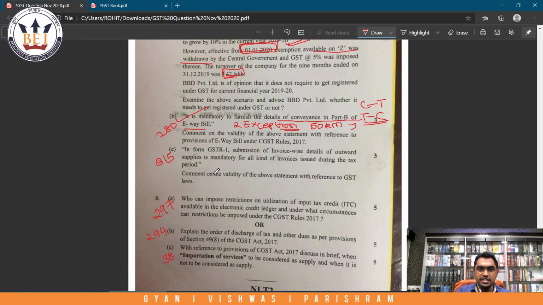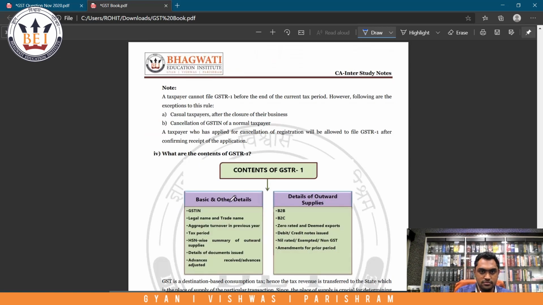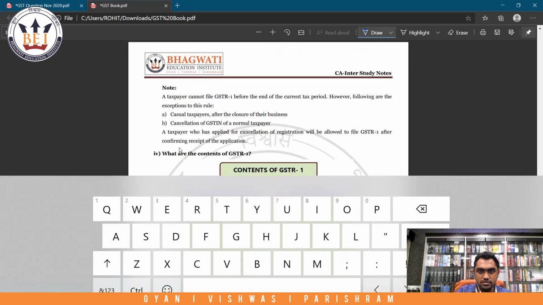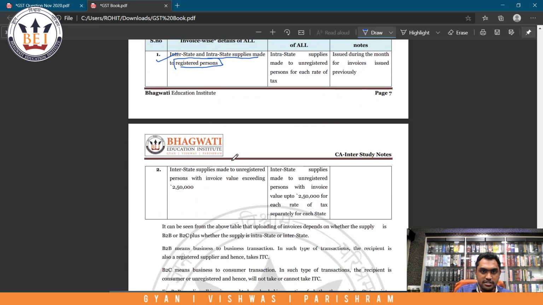Okay. In GSTR-1, submission of invoice-wise details of outward supply is mandatory for all kind of invoices issued. Again, this statement is not correct. If you remember this table, invoice-wise details is required for interstate and intrastate supplies made to registered person and interstate supplies made to unregistered person with invoice value exceeding 2,50,000.